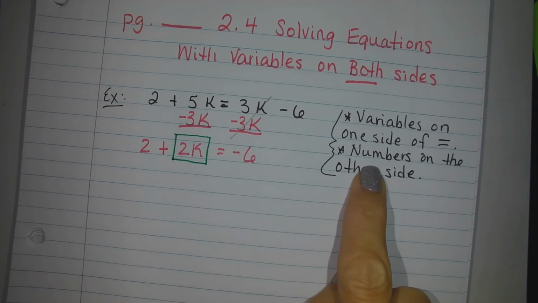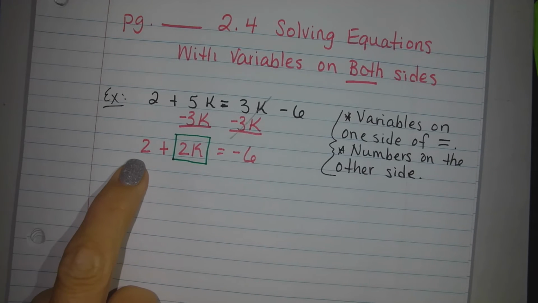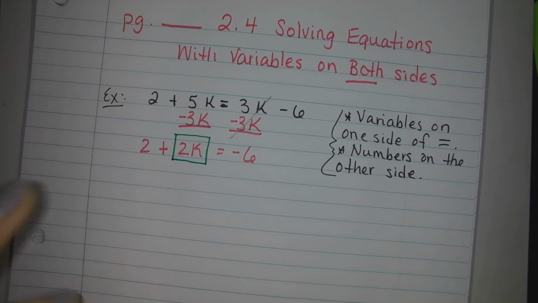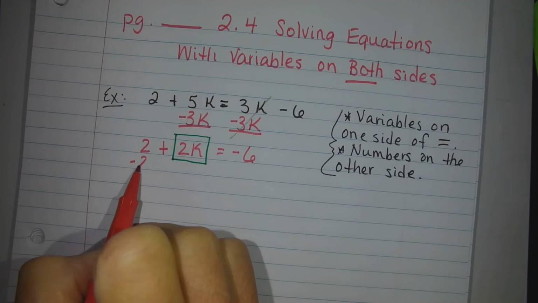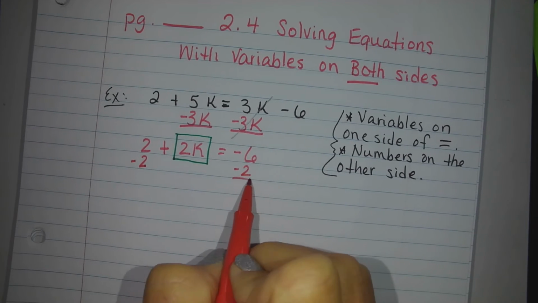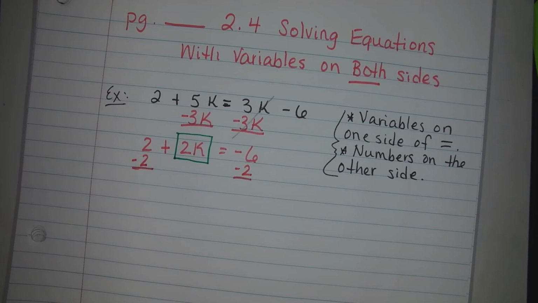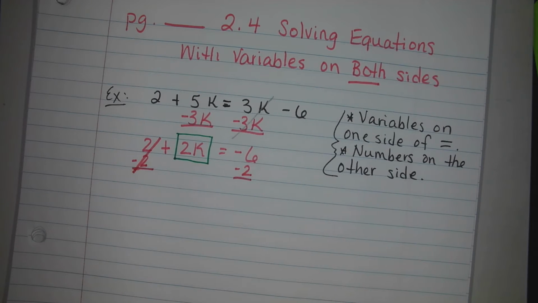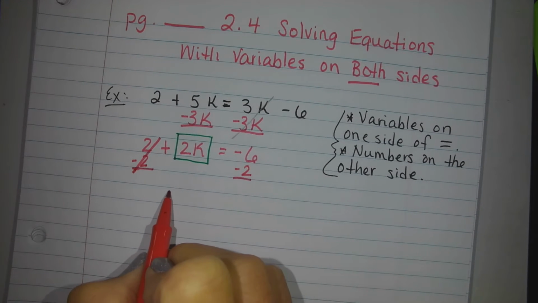What's next? The numbers. So I got to move this over. It's positive. To move it over, I need to make it negative. So I'm going to subtract 2 here, subtract 2 here. What cancels? The 2's. That's the whole point. So now let's bring everything down.